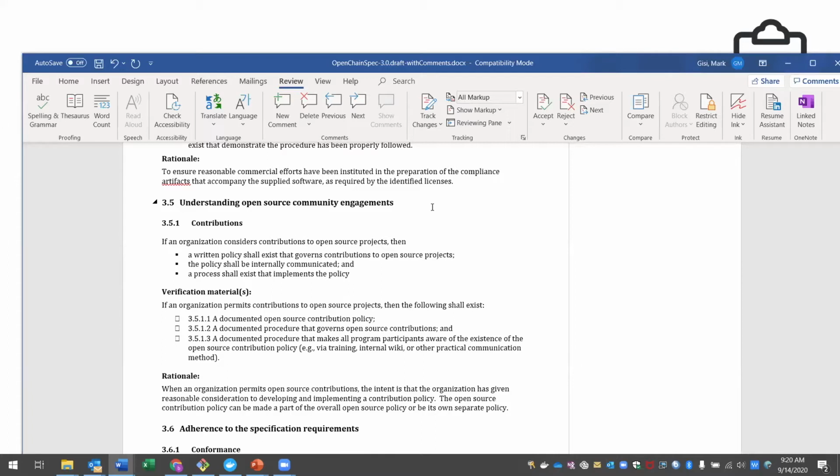Because actually, when you do contributions, of course, you also need to consider license compliance for your own contributions and to the projects you contribute to.